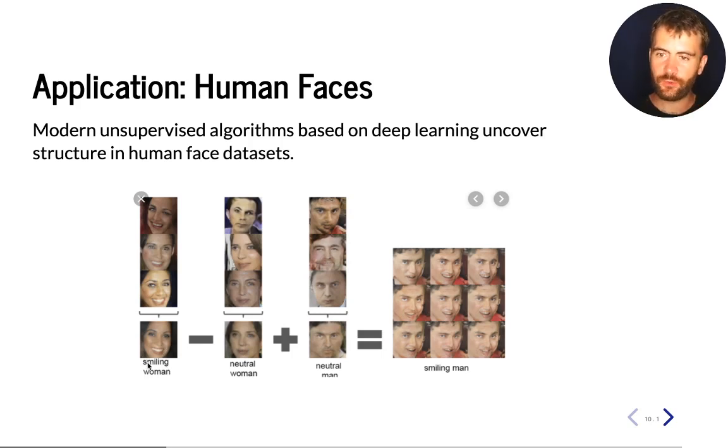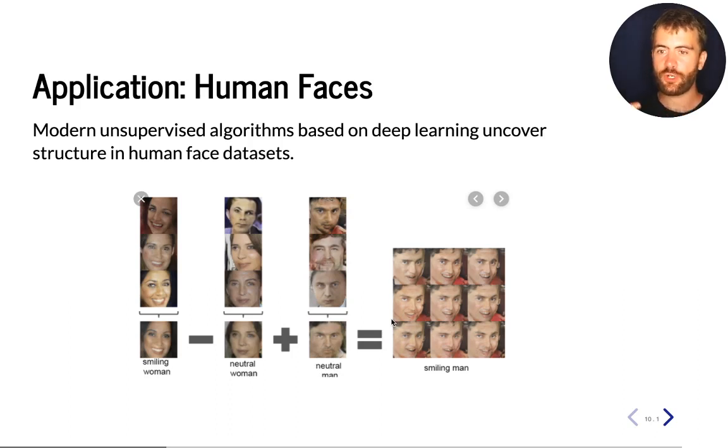We project it into this space. Think of it as one of these two-dimensional spaces that I showed you earlier. So we project it there, and now we take a neutral woman. We again project it, and then we take these two low-dimensional representations and subtract the neutral woman from the smiling woman. Then we add the vector for a neutral man, and then we can generate images.